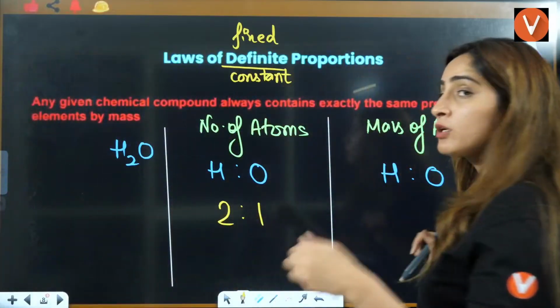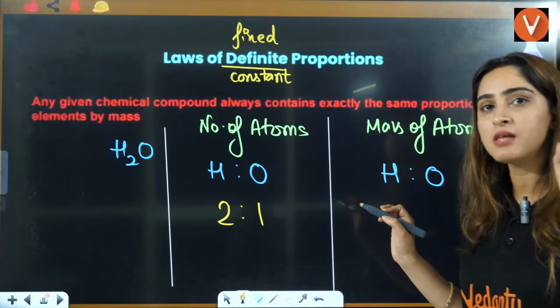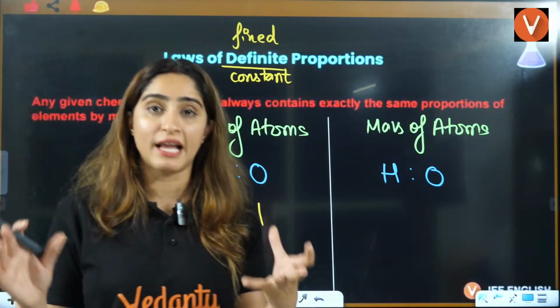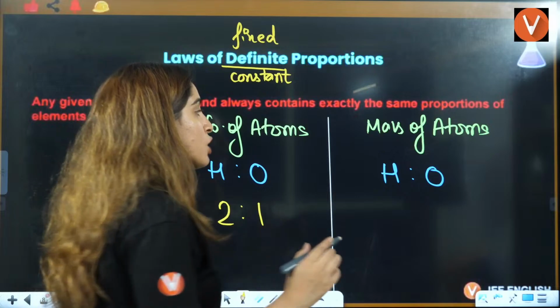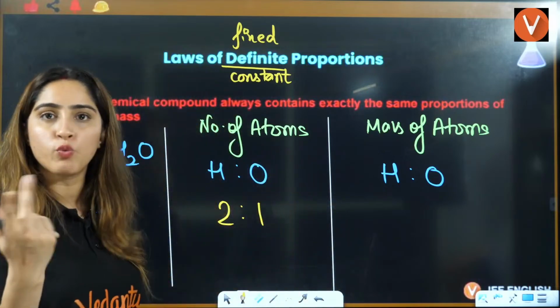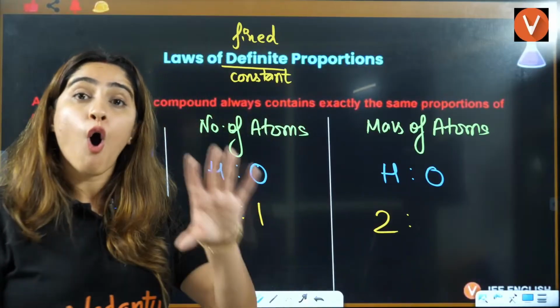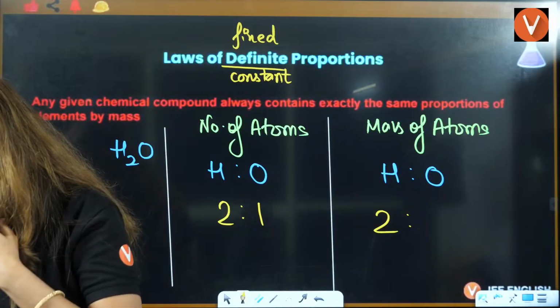Now if I talk about the mass of the atoms, one hydrogen has atomic mass 1, that I have also taught you in the basic foundation lectures. So 2 hydrogen means 2 into 1 is 2, so that will be 2. Now oxygen is having how much mass? Let me see in the chat box.